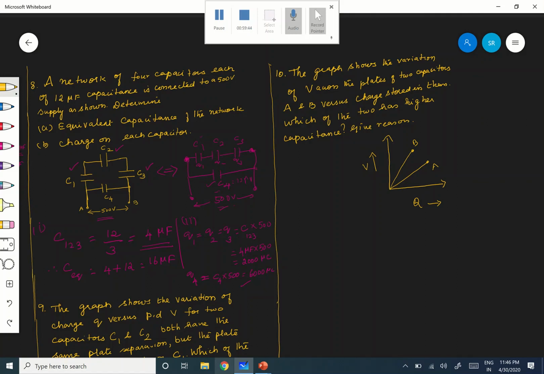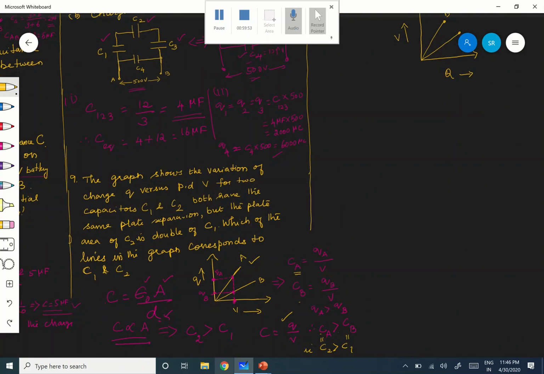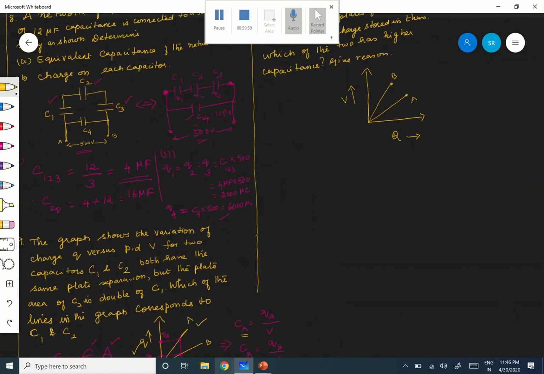Okay, QV graph. Which of the two has the higher capacitance? Give reason. Same thing. But here, you see, the axis is changed. In the ninth problem the x axis was V and y axis was Q, but here the x axis is Q and the y axis is V.